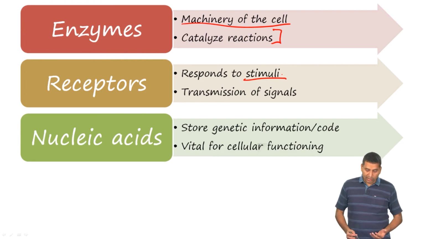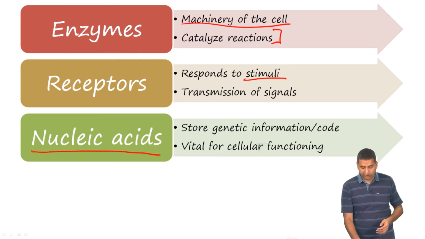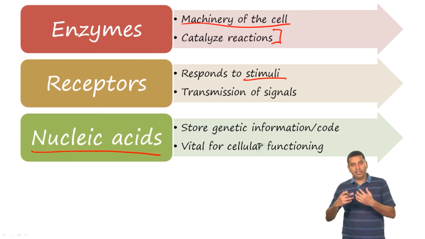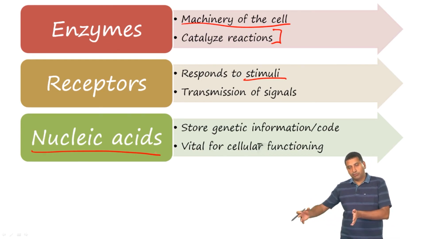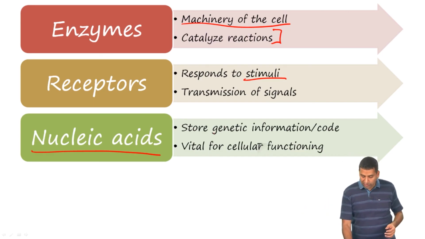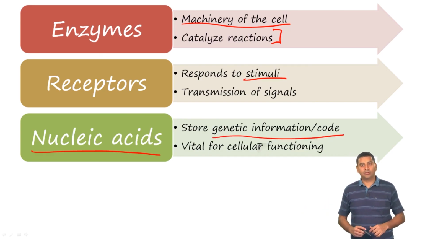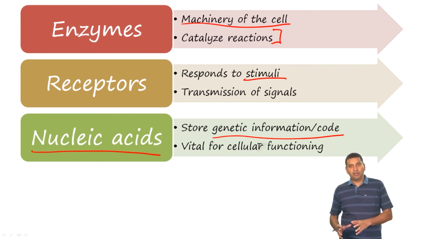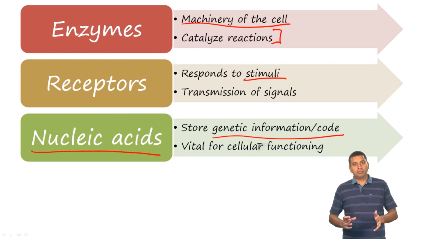And so, here one attractive approach is to target nucleic acids, because in a rapidly dividing cell you need to synthesize DNA, you need to synthesize RNA very quickly, and you need to divide much faster than other cells that are growing. So, here as I mentioned earlier, DNA has the storage for the genetic information or genetic code. So, therefore, these are the three broad ways in which one can develop approaches towards magic bullets.